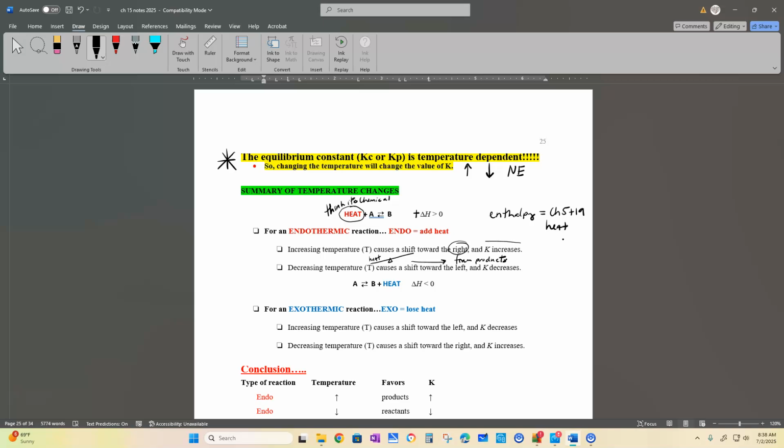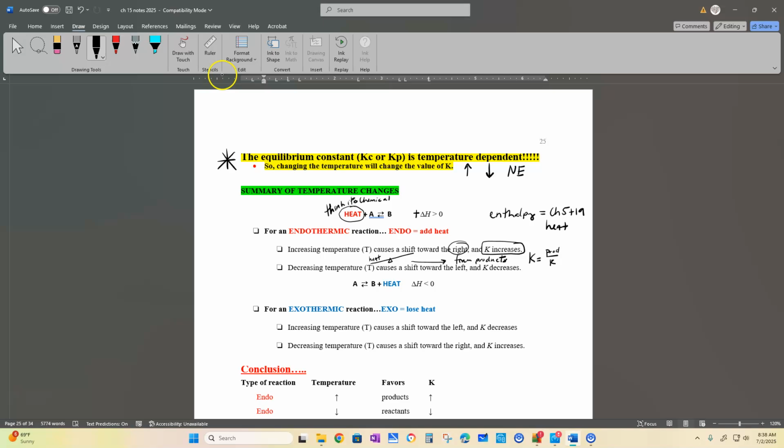But now let's talk about the beast. Why is K going to increase? Remember, your K is products over reactants. Who is increasing? Who are you affecting by fixing equilibrium? Okay, I'm going to form more products.